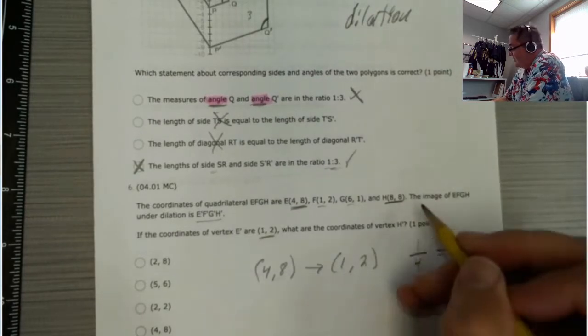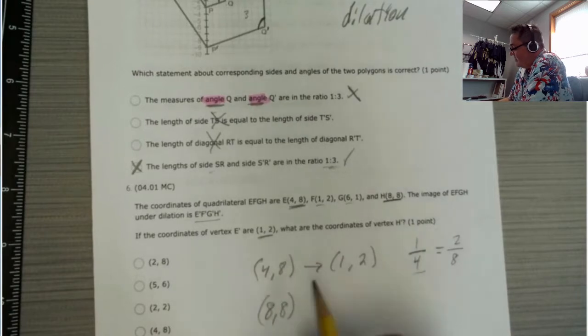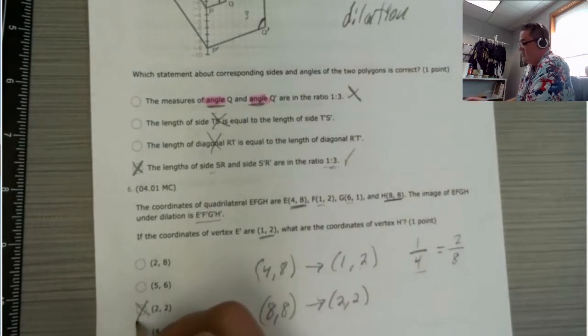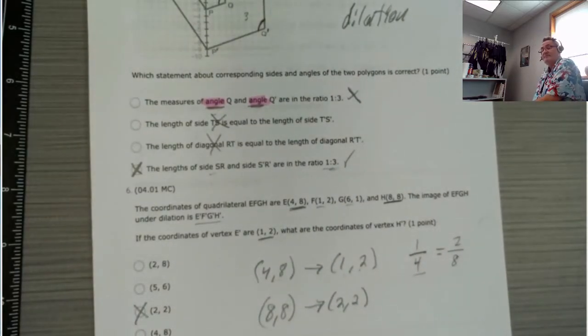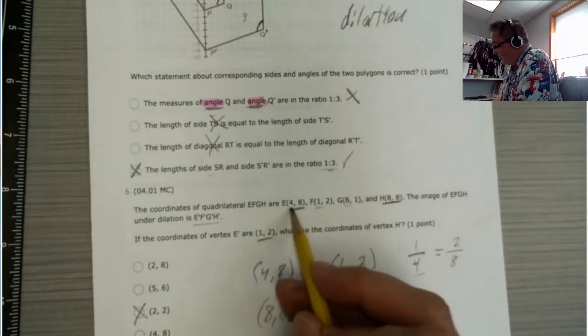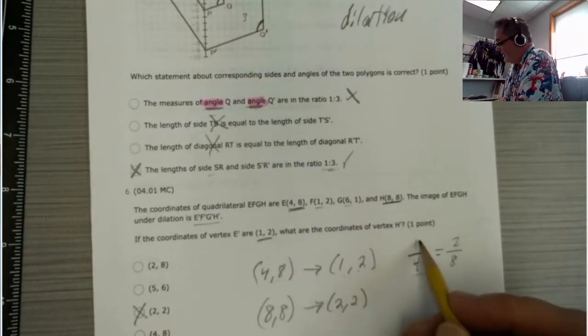So 1/4 times 8, 8. What would happen if we take 8? Well, we know 8 became 2 because 8 times 1/4 is 2. So 2, 2. Yeah, to find the scale factor, if we know the points, the original goes on bottom, the dilation goes on top.